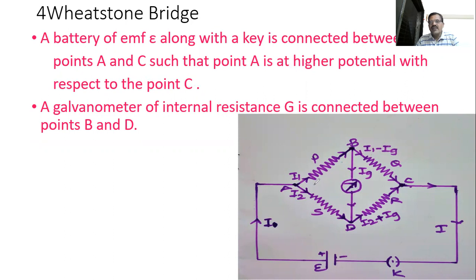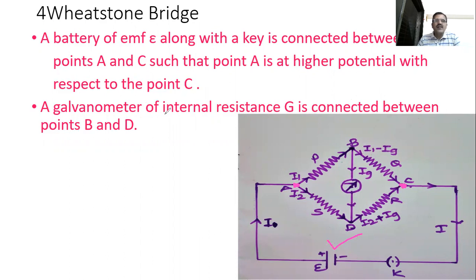Here, this is the point A and this is the point C. Between these two points, a cell of EMF E and key K are connected. Point A is at positive potential, C is at negative potential.